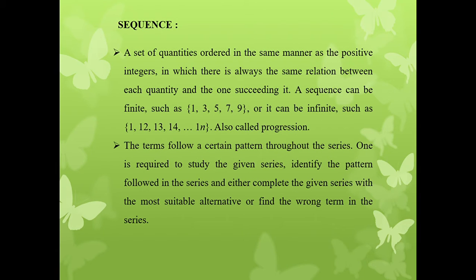The terms follow a certain pattern throughout the series. One is required to study the given series first, identify the pattern followed in the series, and either complete the given series with the most suitable alternative or find the wrong term in the series. Pattern completion.